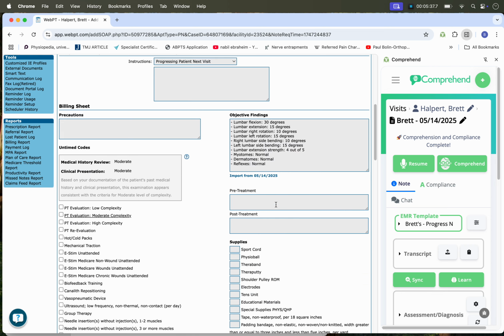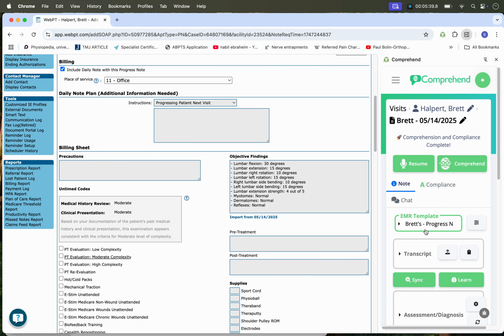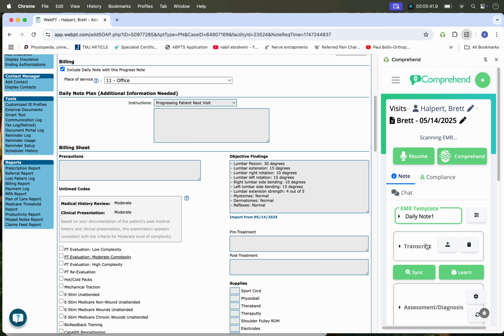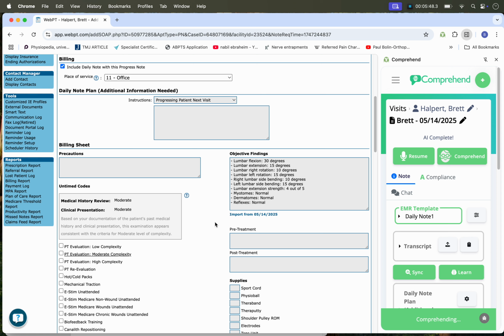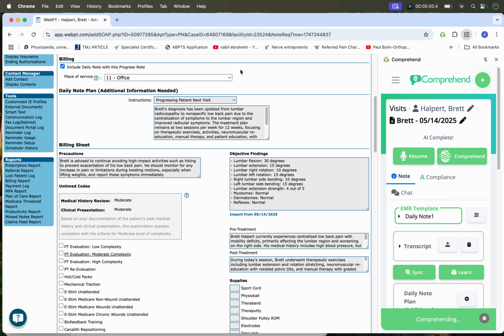And then now I'm on to my daily note section of the progress note. So just switch over my template to daily note 1. And then comprehend. I usually delete these boxes.